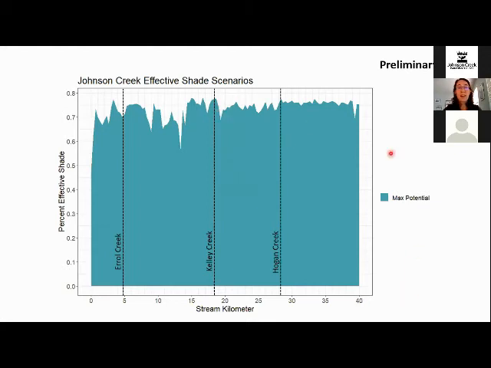The shaded area represents what's possible: if we were to have a full, mature riparian canopy everywhere, how much shade could we actually expect? This gives us that upper threshold of what might be possible. You can see that as you go further up and the stream narrows, it's possible to shade it more than further towards the mouth, where you would have less shading potential.